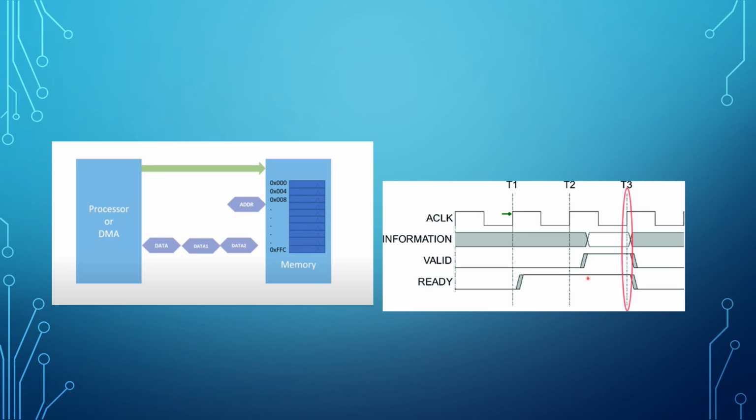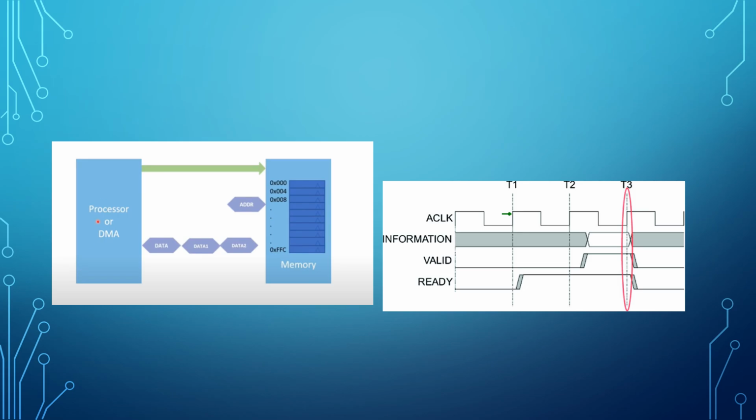If the receiver asserts ready but the sender hasn't provided valid data yet, that is, valid is equal to 0, the receiver simply waits. If the master or the memory module is busy, either of them, the other will wait until it becomes idle.